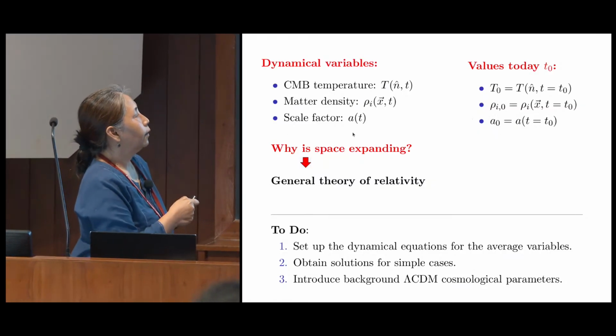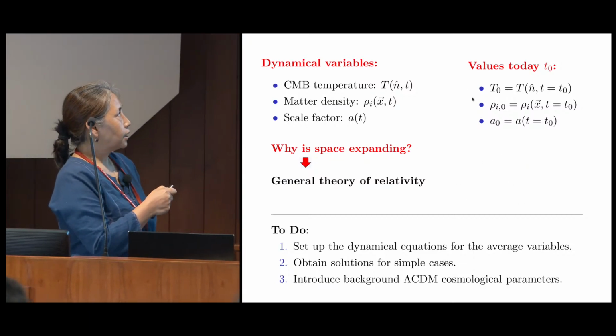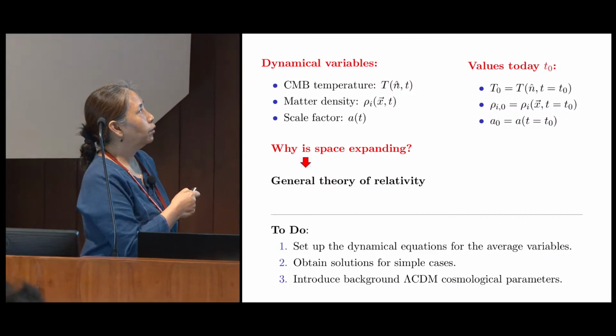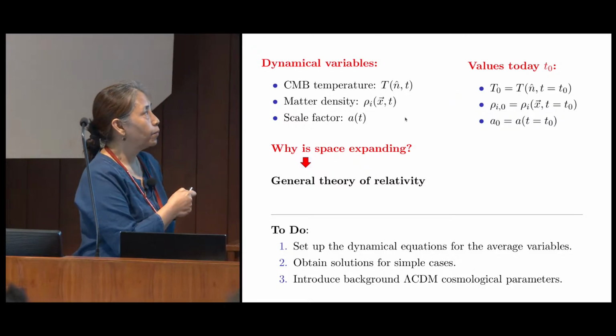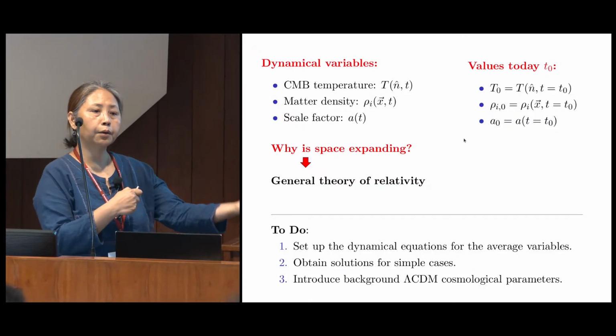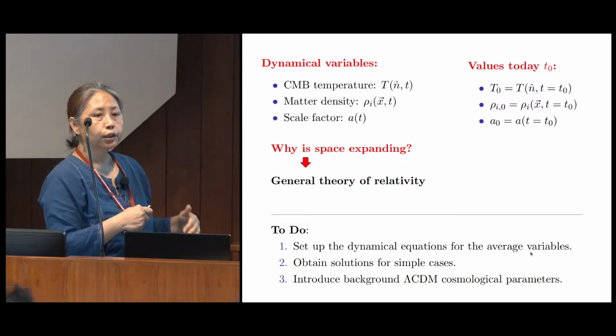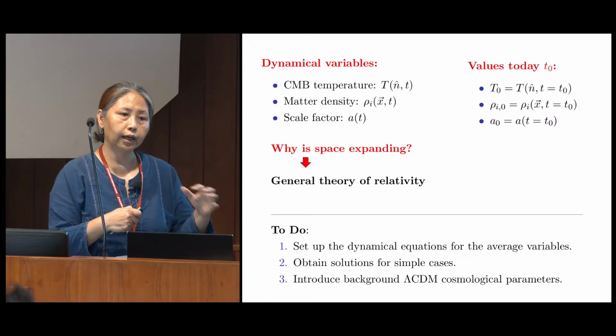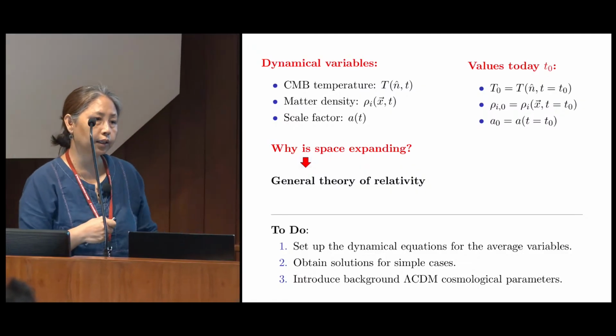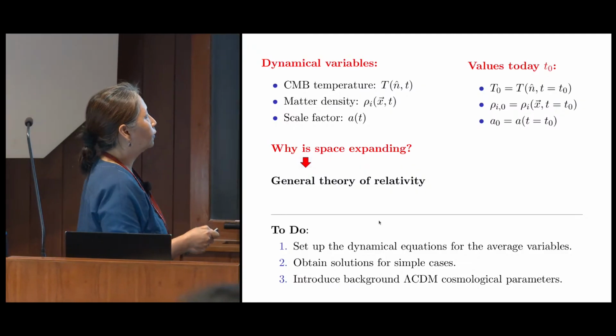Okay. So, in the last class I also talked about taking the average quantity of T and rho and perturbing about the average quantity. We are interested in following the average quantity and the perturbed quantity, and that is done by using perturbation theory.